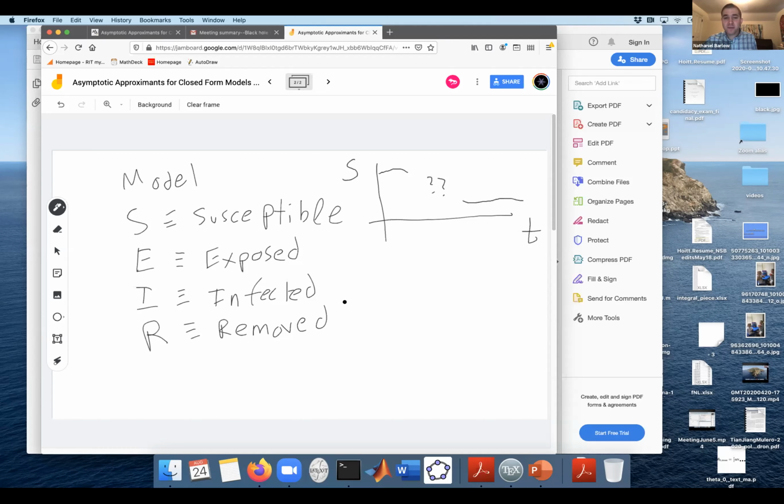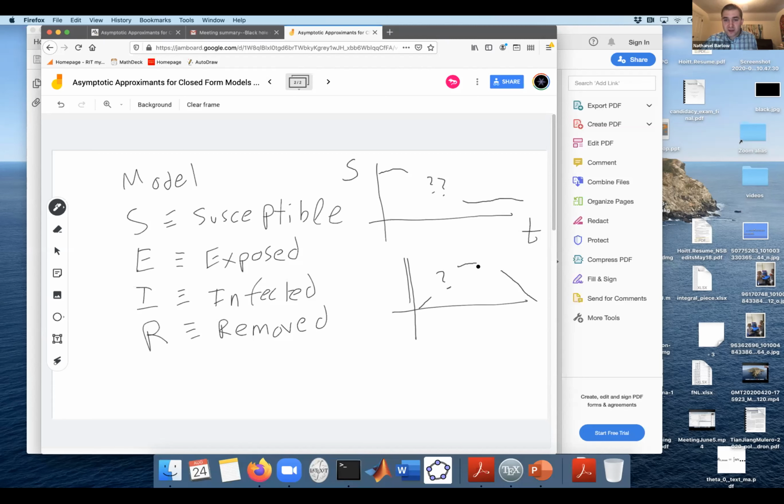Exposed, we have that as well, but that can take many different shapes, and so we don't usually focus on modeling the behavior of that, although Steve did derive the asymptotic behavior of the exposed for this model. We have the infected. I'm going to just plot that because we know that infected is going to start at 0, right? It's going to reach some kind of maximum and then it's going to go back down to 0, right?